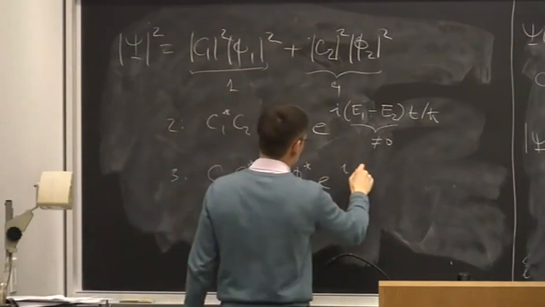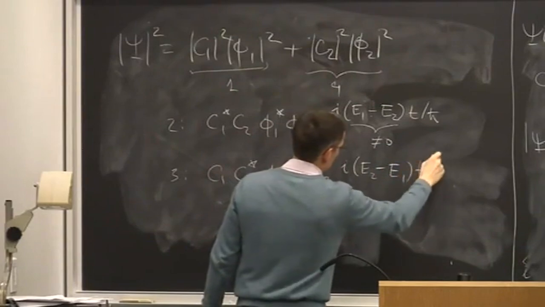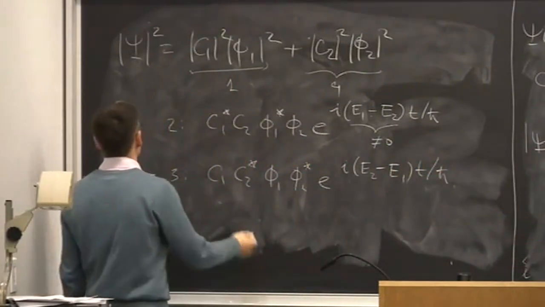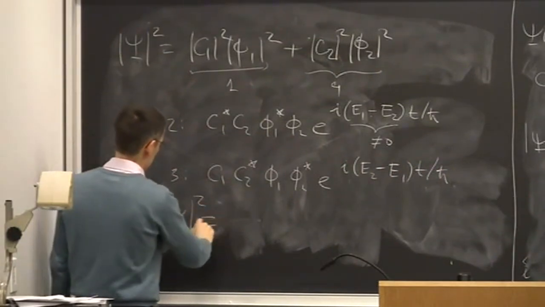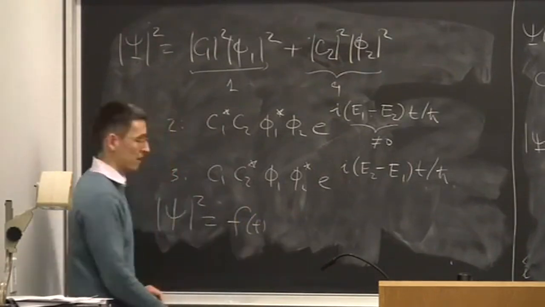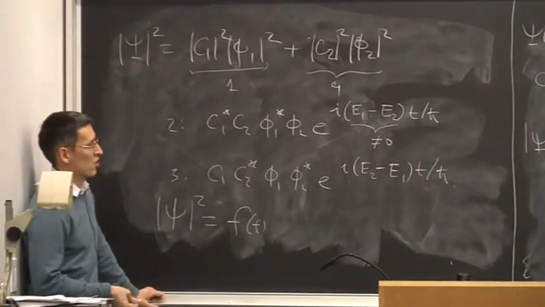And here we have this, right? So naturally, what we got is that psi squared is a function of time, it has a time dependence, right? And so that means probability density changes with time.